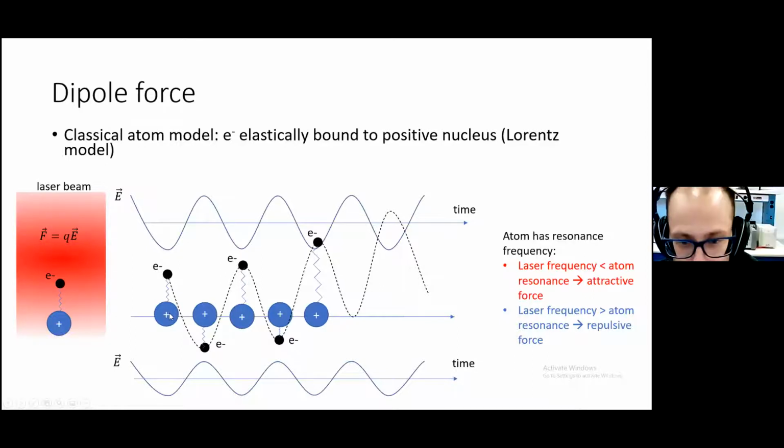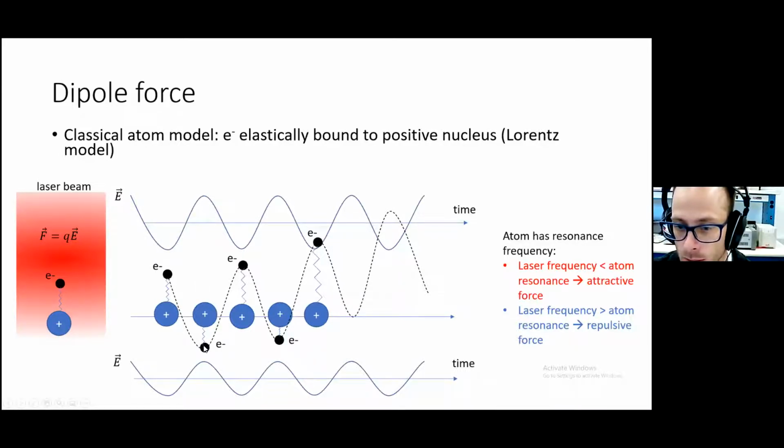So what happens when an electron is subjected to an electric field? It has a force. And in this particular case, where we use a very low frequency for the laser field, the electron has time to catch up to this field and will basically oscillate in phase opposition with the field. But when it is pulled toward the higher field region, it will be pulled more than when it is repelled here.